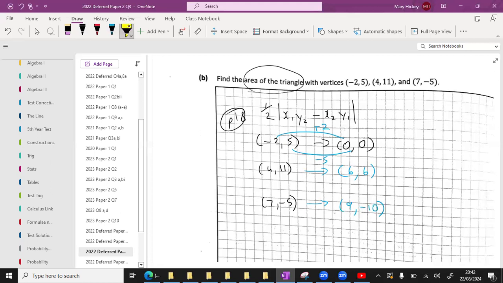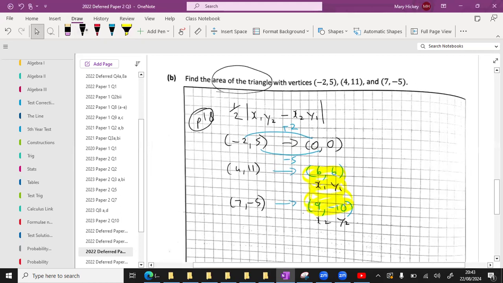So what I do then is I ignore the 0, 0, and I focus only on the ones that aren't 0, 0, and I label them x1, y1, x2, y2, and then this is the easy part. We just pop them into the formula. X1 is 6, y2 is -10, minus x2 is 9, and y1 is 6.